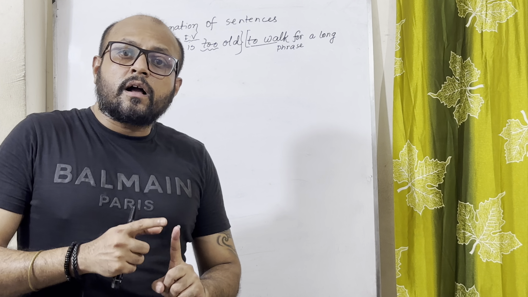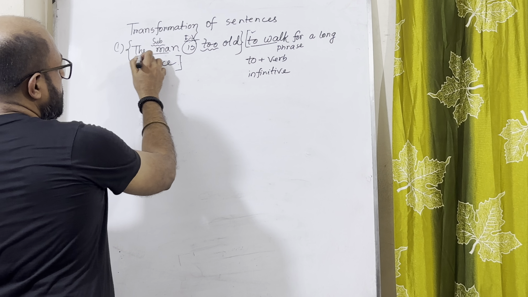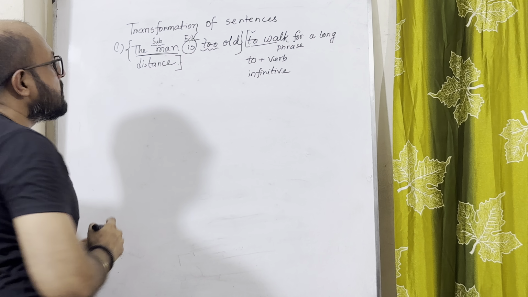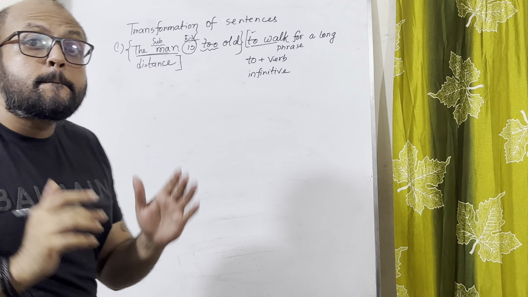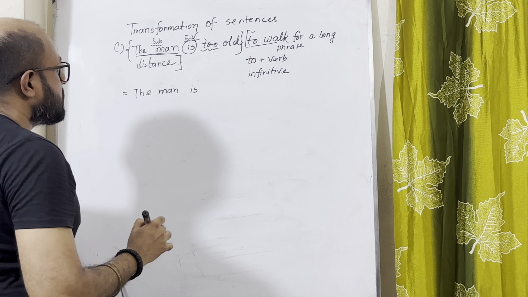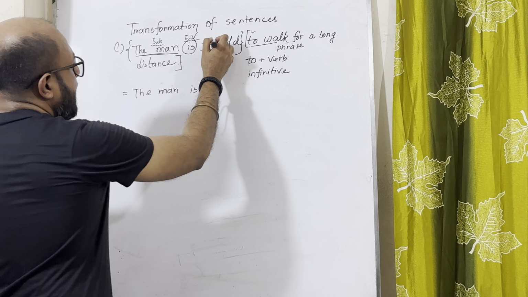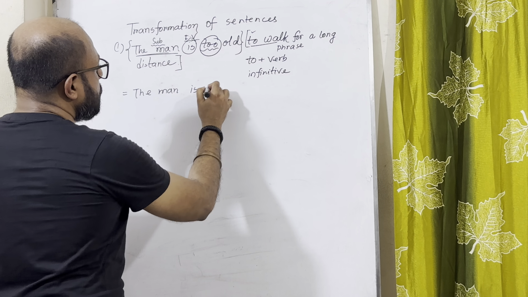So the first part of the sentence will become my principal clause, and here the subject will be the same. It will be the man. The verb will be the same, the to be verb is, and we will exchange the word too with another word, so.